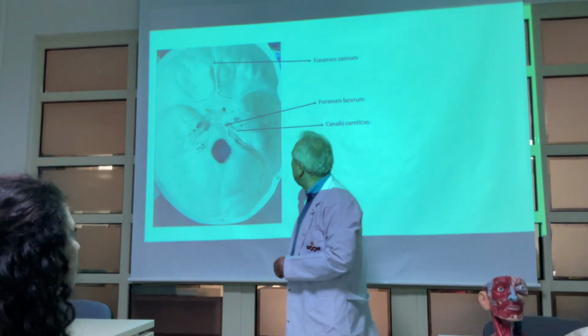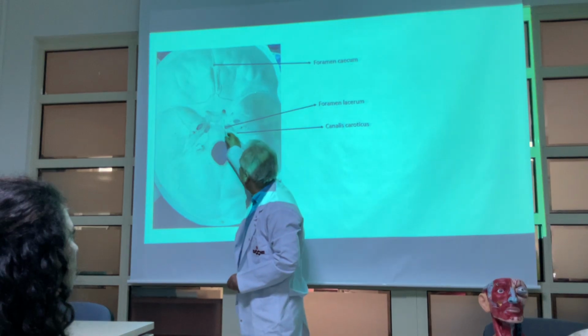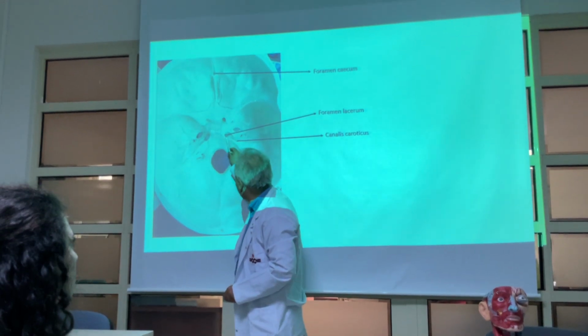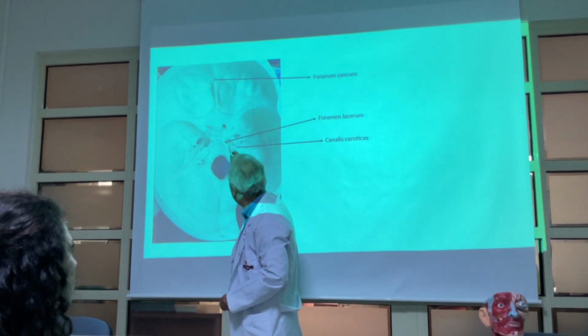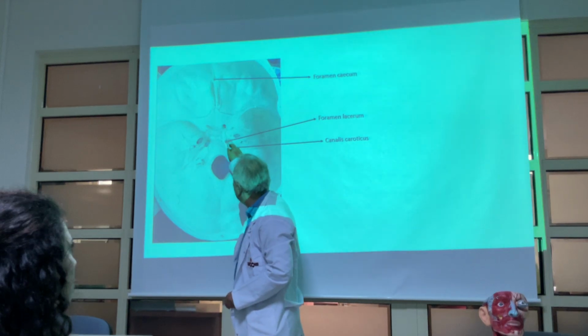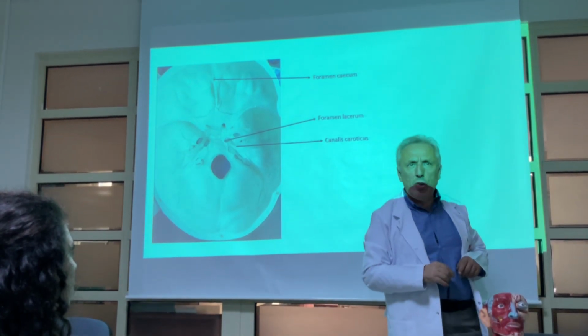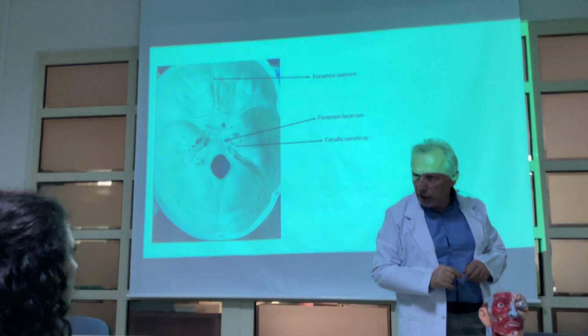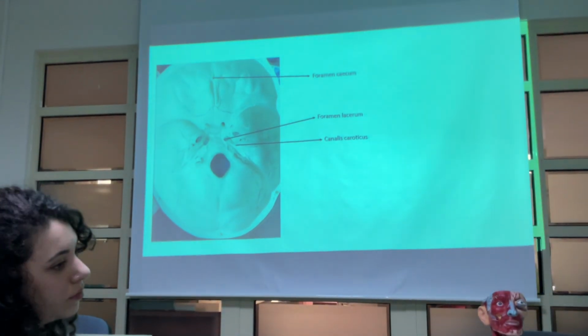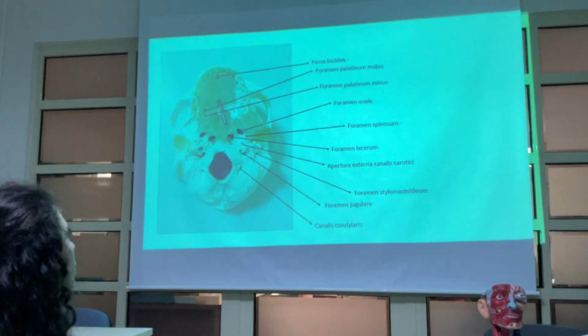Okay? And right here you have the optic chiasm. And imagine the internal carotid artery coming up through here. So on the lateral sides of the optic chiasm, you have the internal carotid artery. Let's move on.